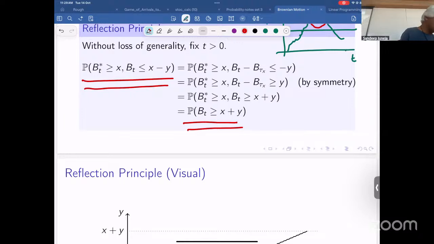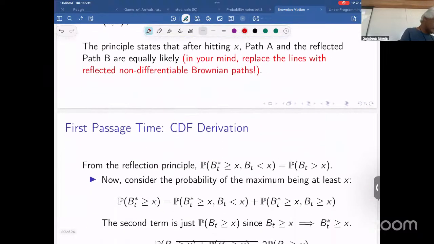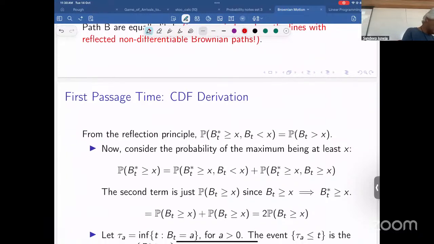The way we'll use this is we'll take Y to be 0, and then we'll extract some result from it. So what do we have? We have the probability that B star T is greater than or equal to X. Now we've shown this is the probability that B star T is greater than or equal to X and BT is less than X, plus the other event.